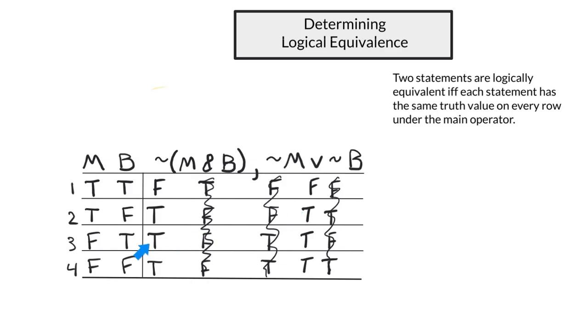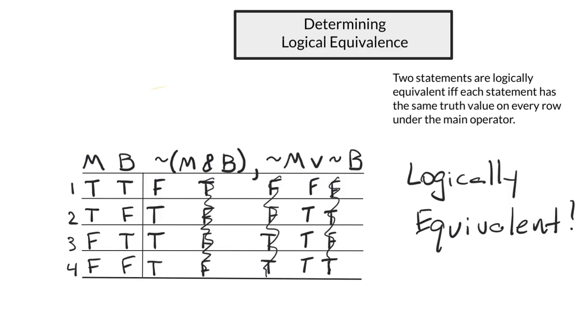Row 3 shows it's not the case M and B is true, and it's true for our second statement. And look at that, row 4, true for our first statement and true for our second statement. So these two statements are in fact logically equivalent. And we just demonstrated that using the truth table method.